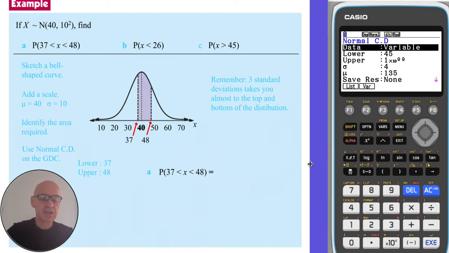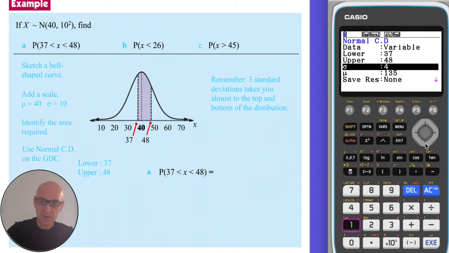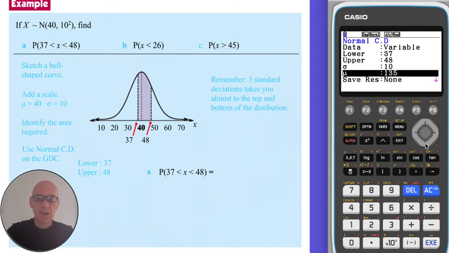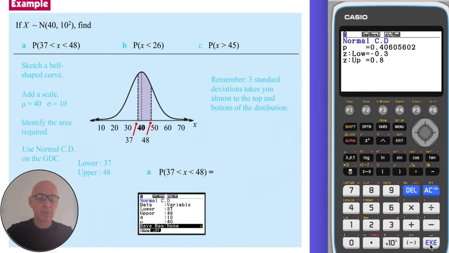Make sure that the data is set to variable, and then scroll down and set the lower limit to 37, the upper limit to 48, the standard deviation to 10, and the mean to 40. Then pressing execute will display the required probability. So the probability that x is between 37 and 48 is 0.406.